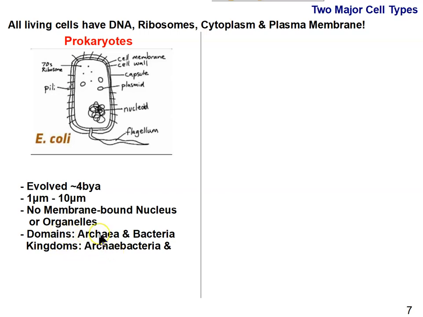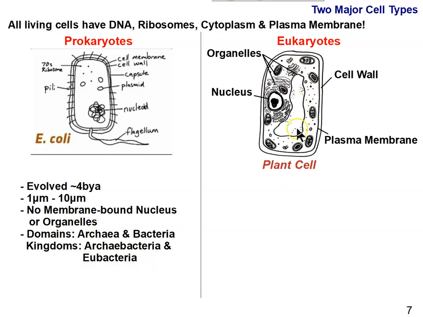The domain Archaea is the same as the kingdom Archaebacteria, and vice versa. And the domain Bacteria is the same as the kingdom Eubacteria. So you need to try to keep those names straight. In other words, if I ask you for the domain of bacteria, you need to say Bacteria, and if I ask you for the kingdom of a bacteria, you need to use the term Eubacteria.